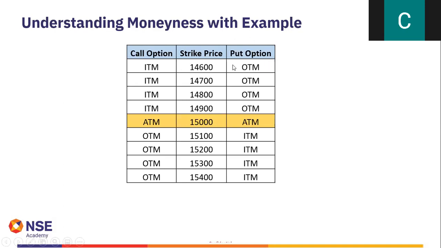Obviously, for put option, these strikes will be out of the money and these strikes will be in the money. Hope it is clear. I'll just pause here if you have any questions, or I can go further. Can I move on? Yes, sir. Please proceed.